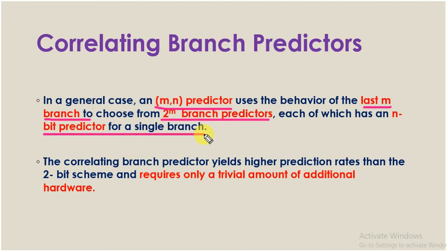For each branch, it will have its own n-bit predictor. Along with that, it will take the behavior of the last m branches also. So this is the general notation, (m,n) predictor, for example (1,2) predictor, (1,3) predictor, (2,2) predictor, etc.